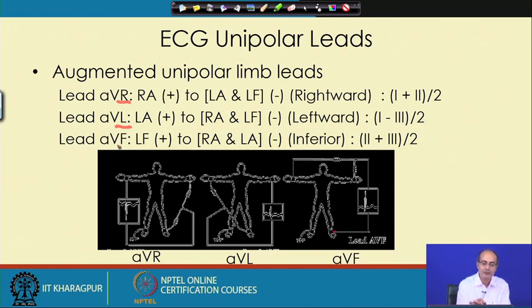So, it is marked with F, the unipolar lead connected to the foot, and all the time the right leg is grounded, just like in the bipolar lead configuration.